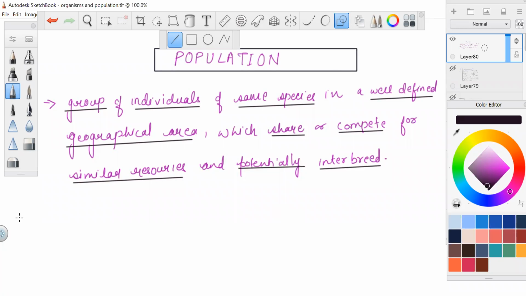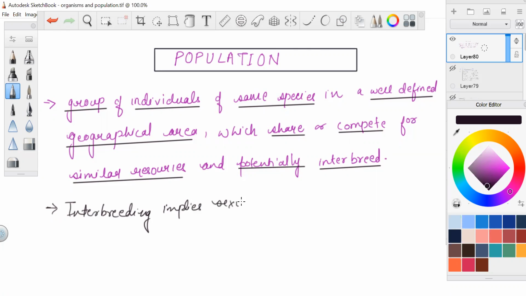So interbreeding here implies sexual reproduction in a group of individuals.